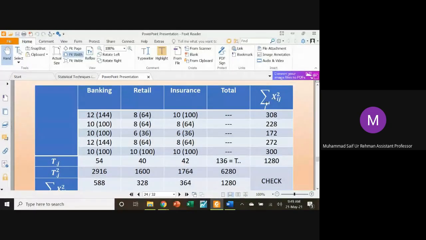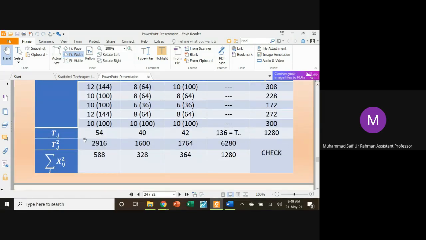Okay. So you are going to add the columns, and in the columns, the values that are in squared form. So all those values that are there in the braces, you have to add, and you have to generate this column.